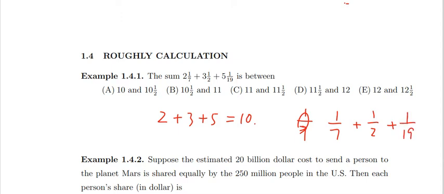We find this is less than 1. So we say this is between 10 and 11. But more precisely, it is more than 10 and a half, so it should be between 10 and a half and 11.